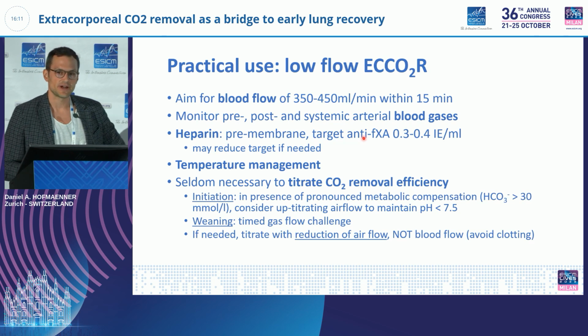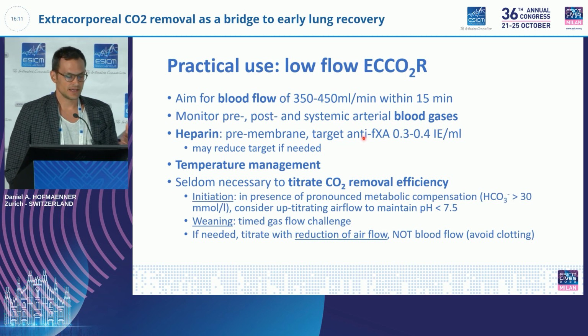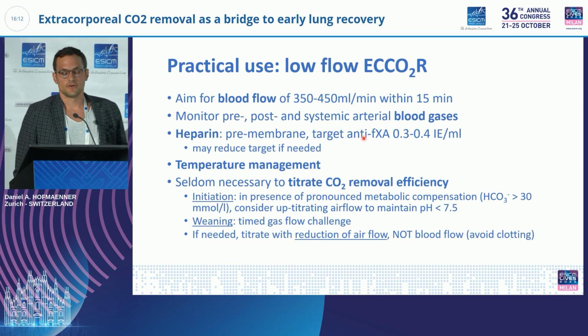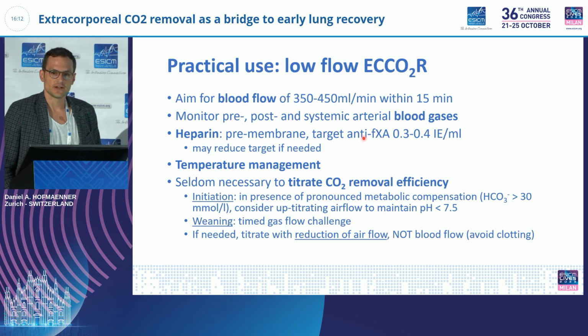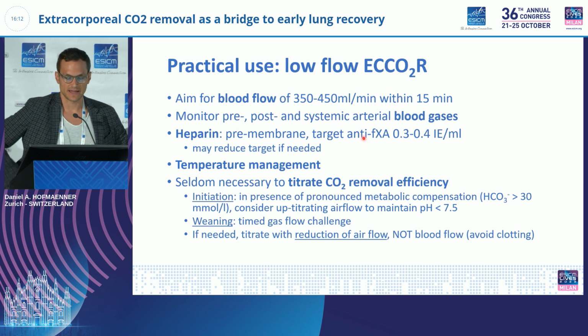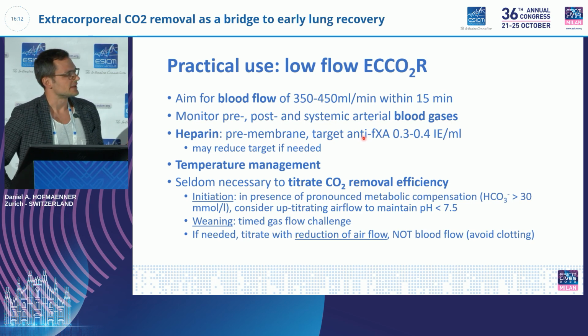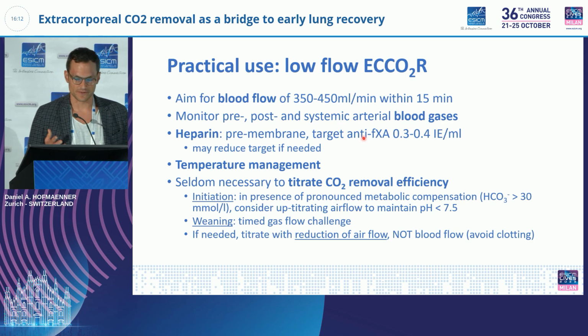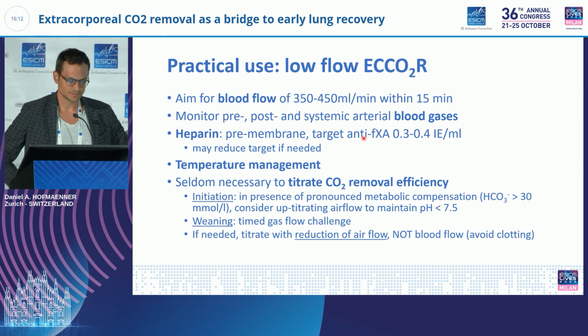So how do we do it practically? I told you that we use these blood flows. Of course, we need regular monitoring of the blood gases. We do it pre, post, and also systemically. As it is an extracorporeal circuit, we need to anticoagulate the patients. In our center in Zurich, we normally target an anti-factor Xa of 0.3 to 0.4.